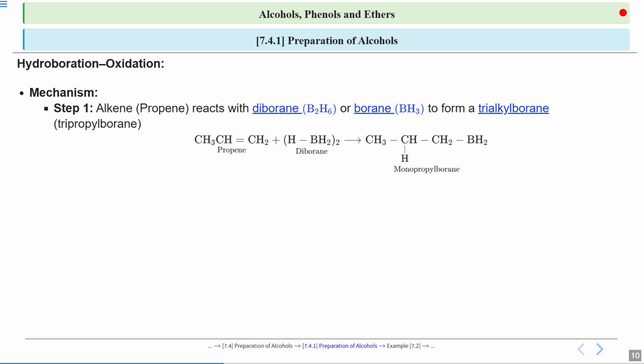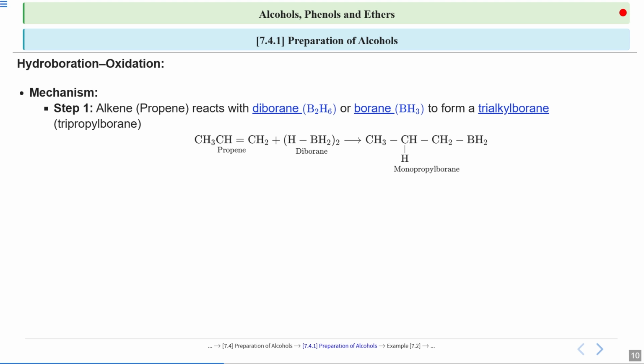So we have propene. When you react it with diborane, you can write it in the form of BH3 whole twice, and BH3 can be written in the form of HBH2. It will be easy to show that this hydrogen shifting is happening.